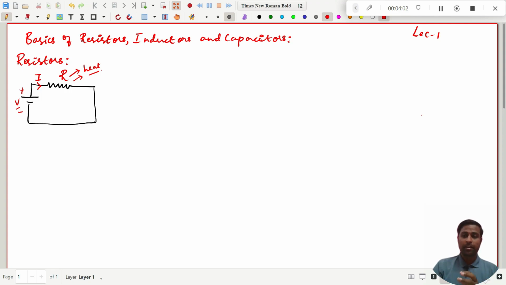Now my approach towards resistors is a different one. I just want to explain the resistor in a different way so that you can easily compare it with inductors and capacitors. You see, this circuit is connected at a particular time.